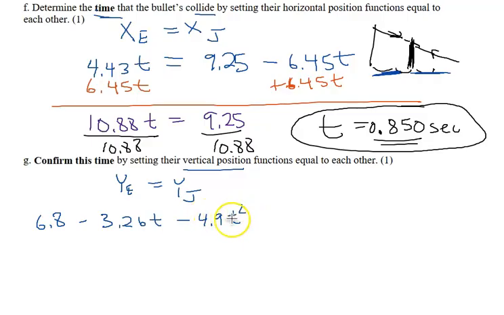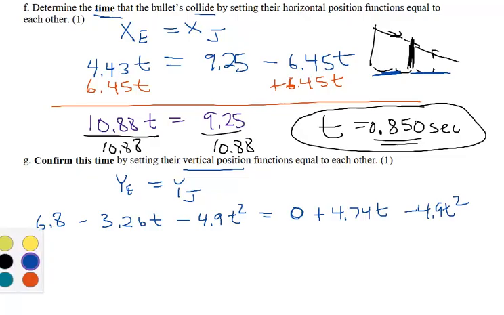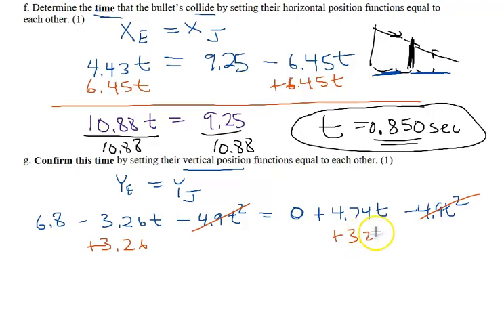You might have done this enough that you realize that 9.8 over 2 keeps turning into 4.9 over and over again. Julian had no vertical. He started on the ground, plus 4.7, but he was launching his t-shirt up, and gravity was also pulling him down at the same rate. So these terms go away, which is nice. It cleans things up a little bit. Okay, and then we're going to add 3.26 t to both sides.